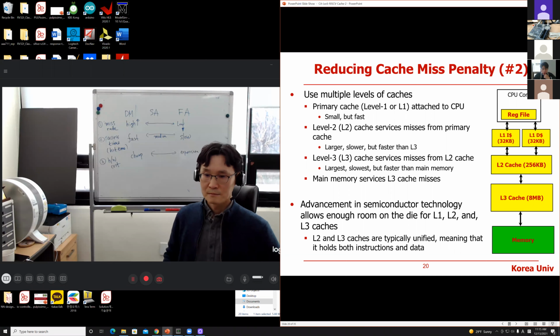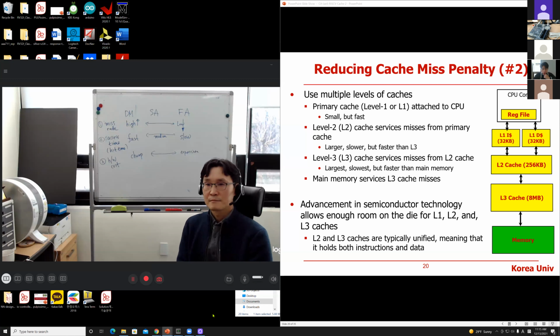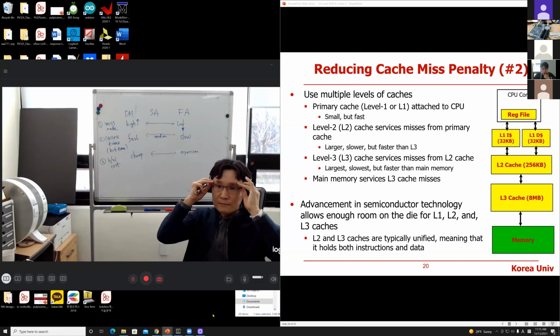Main memory services level 3 cache misses. Advancement in semiconductor technology allows enough room on the die for level 1, level 2, and level 3 caches. Level 2 and level 3 caches are typically unified, meaning that it holds both instructions and data.